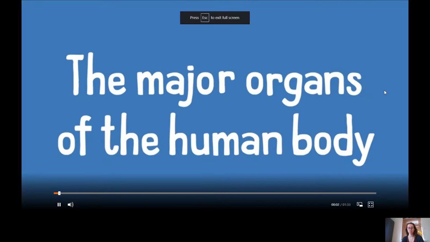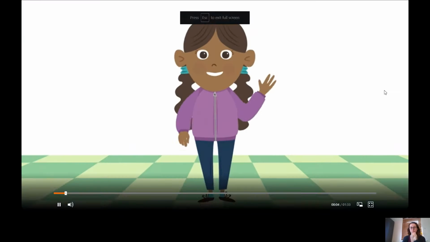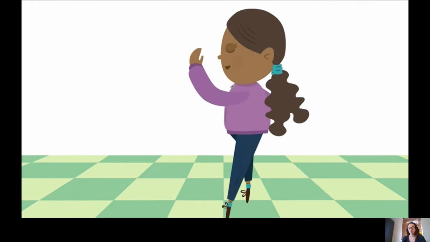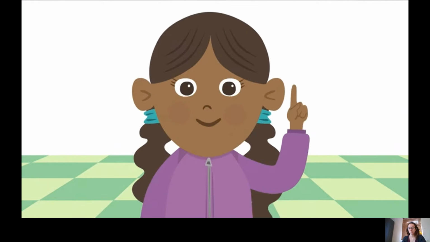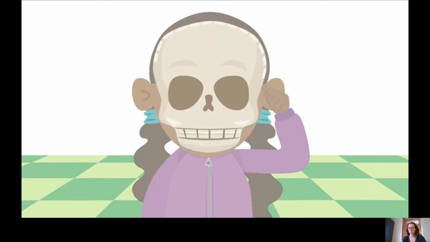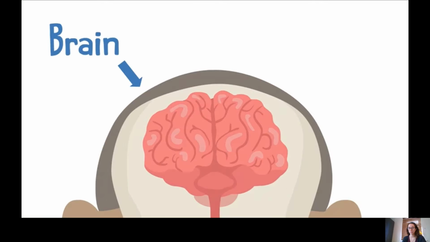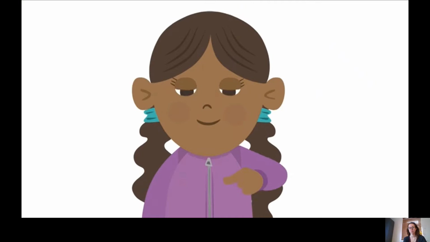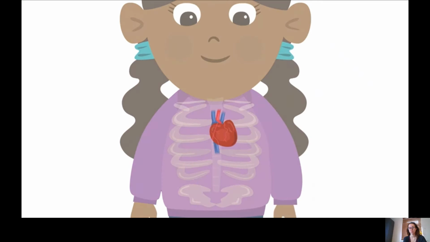The major organs of the human body. Your body contains lots of different organs, all working together, each with their own special job to do. Inside your head, protected by your skull, is your brain. Your brain does all your thinking and tells the other parts of your body what to do. Here is your heart, which pumps blood around your body.